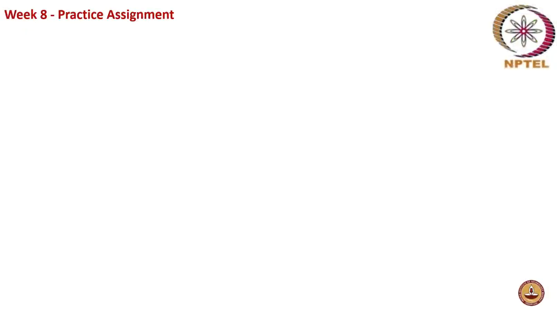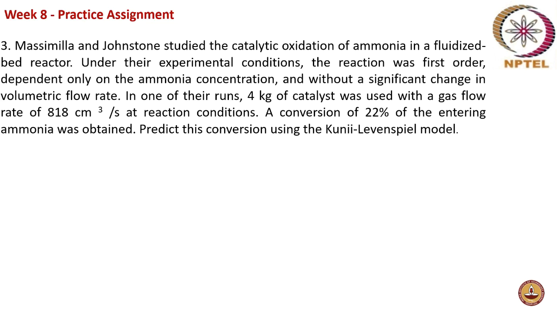Okay. Now, let's go to the next question. Massimilla and Johnstone studied the catalytic oxidation of ammonia in a fluidized bed reactor. Under their experimental condition, the reaction was first order and dependent only on the ammonia concentration and without a significant change in volumetric flow rate.